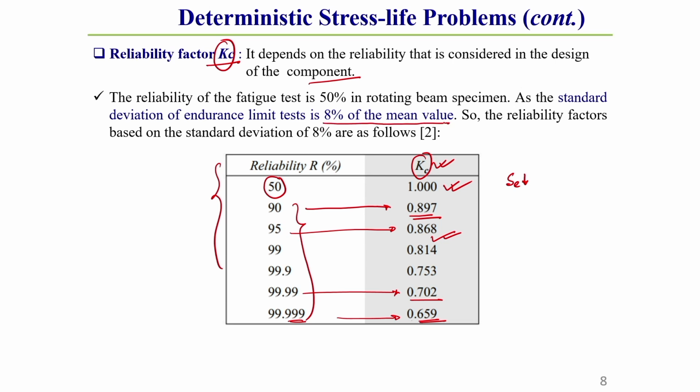That is why the reliability factor shown here considers a standard deviation of 8% of the mean value. This you should keep in mind. So, how it varies for different percentages of reliability for design consideration is shown here, and this value we need to use when we design an actual component.